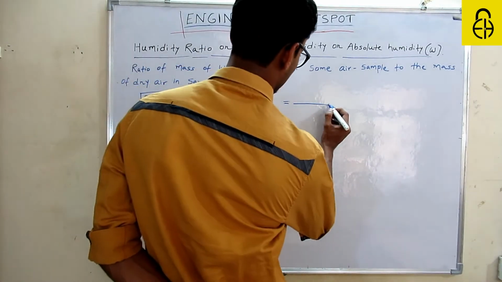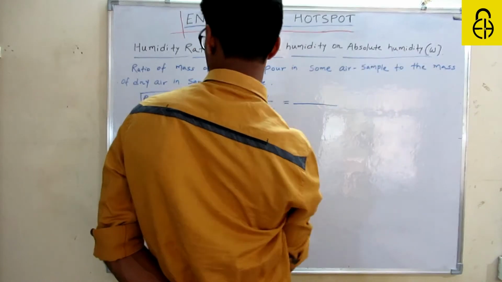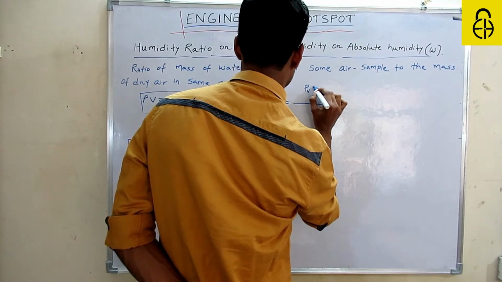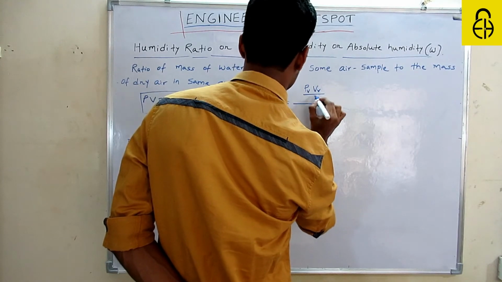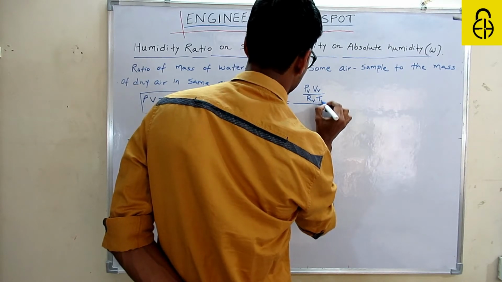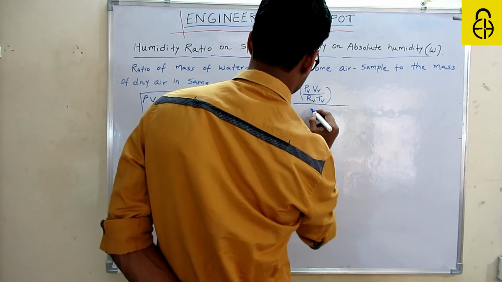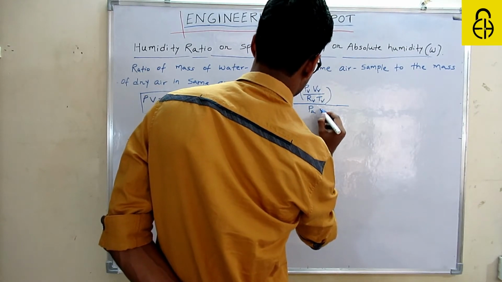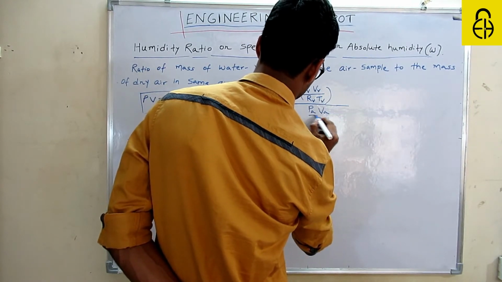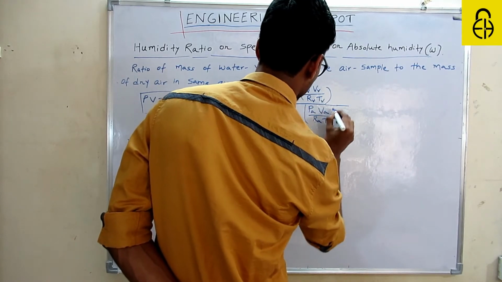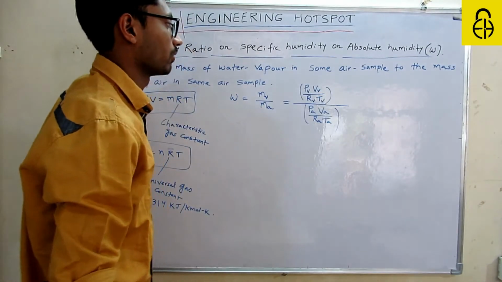So you can replace this m with P of vapor into V of vapor upon R of vapor into T of vapor. And this part as this way. Hope you can see how I have written this.